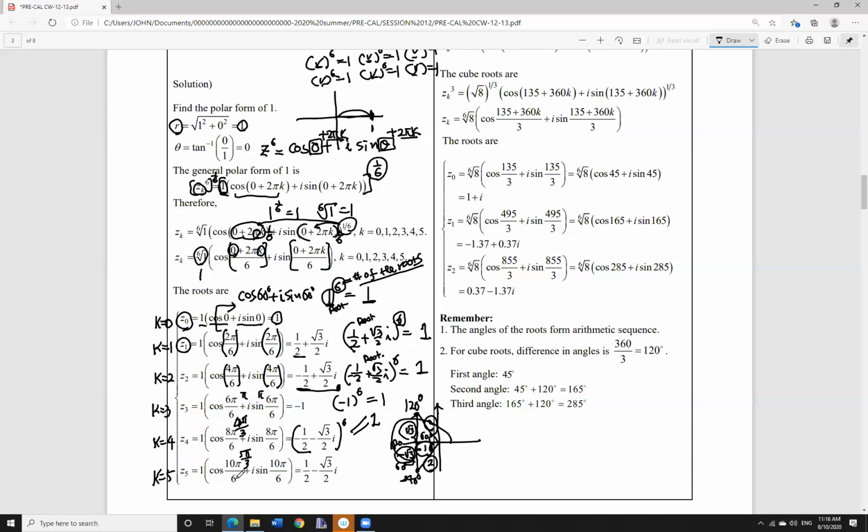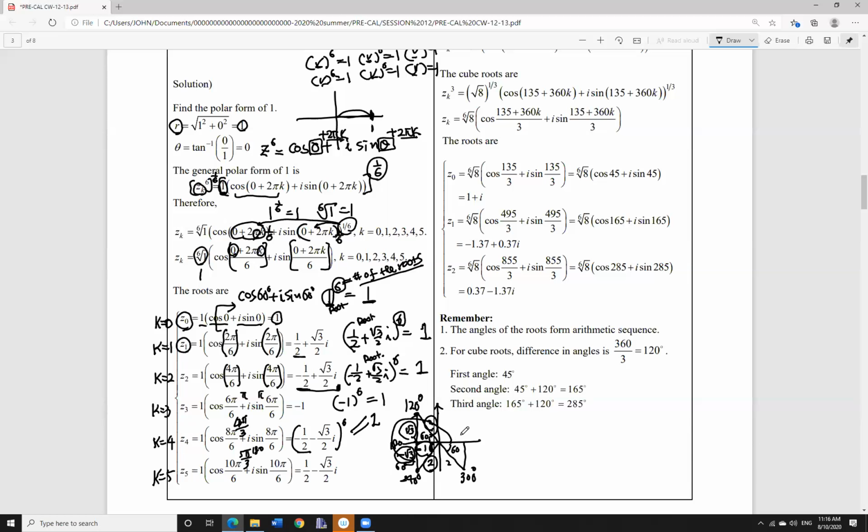Cosine 5 pi over 3 is cosine 300 degrees, okay? Pi is 180, so 180 divided by 3 is 60, times 5 is 300 degrees. We have 300 degrees. What is the value of this one? You can assign the reference angle as 60.